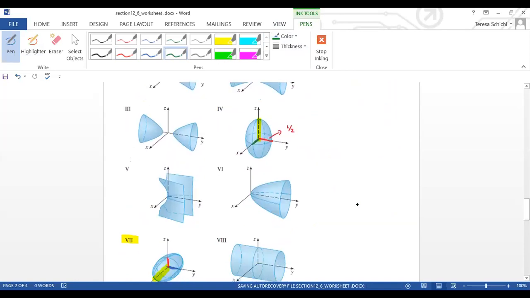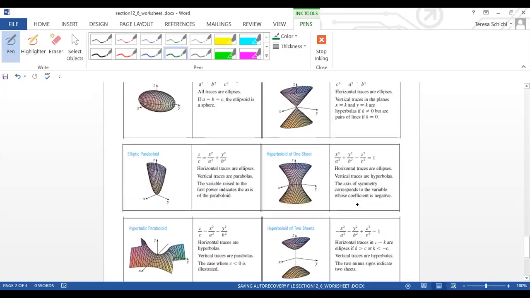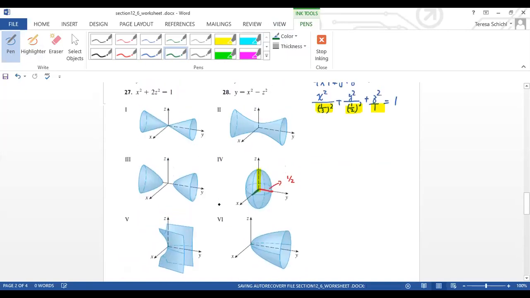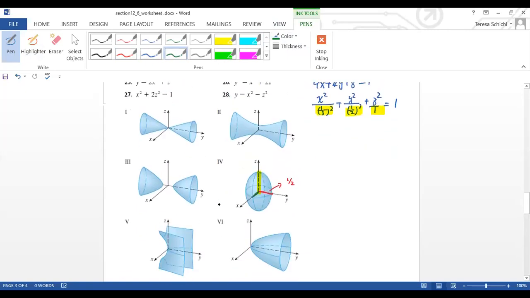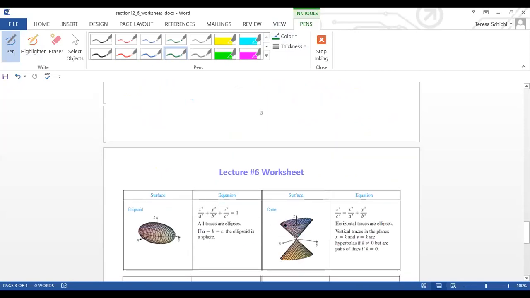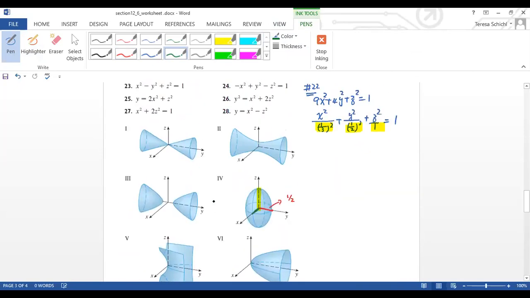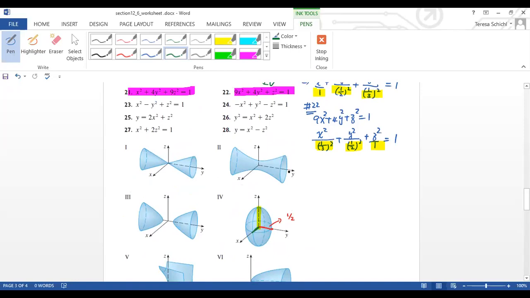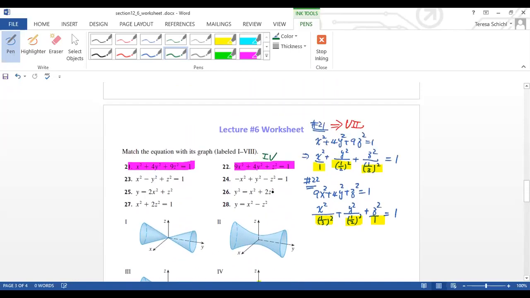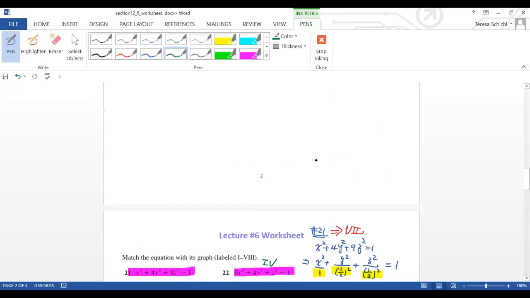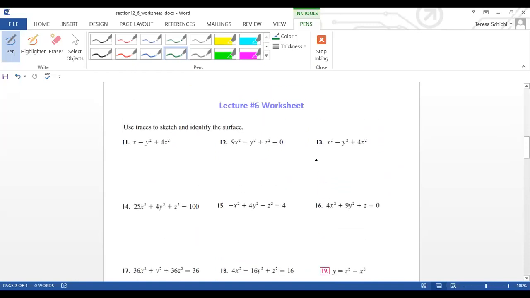You just need to recognize. Here is a summary of all the different formulas. You just need to recognize the form, and then you know how to identify which axis they are parallel to, right? That's why you might have different orientations here. So this is a very easy homework assignment. Basically, you look at the graph and you identify it. The sketch part is a little hard, but basically you just do the sketch on the trace.